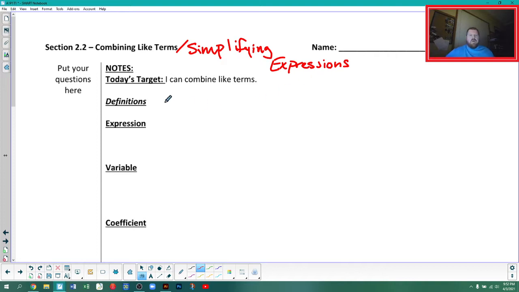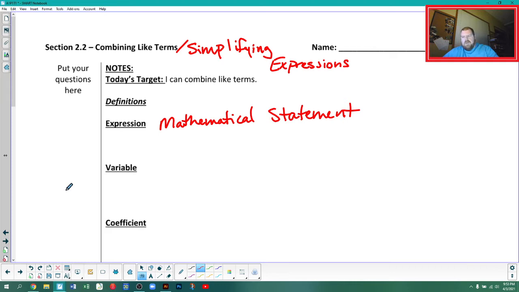Let's see. For the definitions, the first thing: an expression is a mathematical statement. We kind of equate this to learning English a little bit. Something comparable in English would be something like "I ran," in the sense that I went for a run.